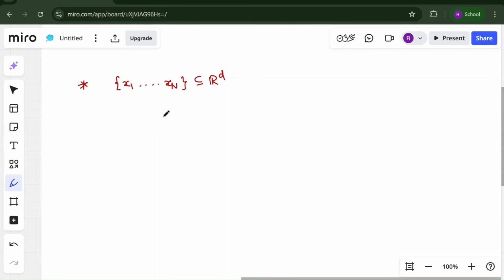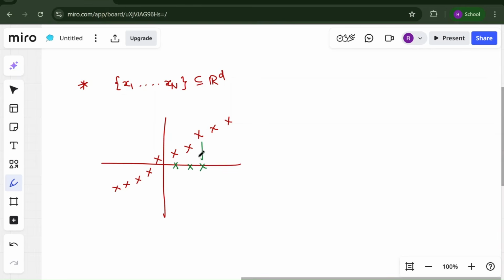For example, let us say I have data points like this. These are my original data points. And I am suggesting that, hey, don't store all of these, I will only store these points.